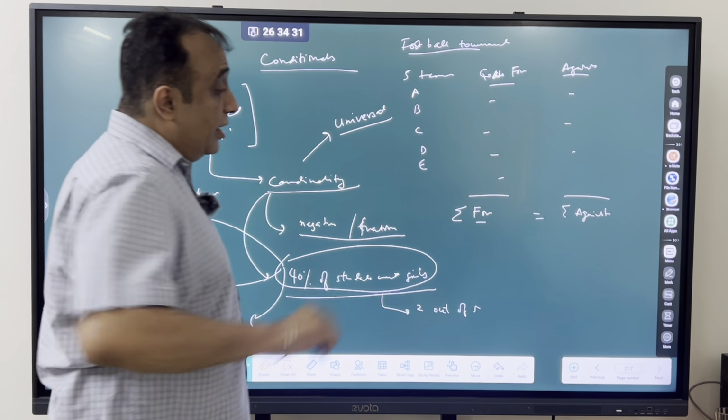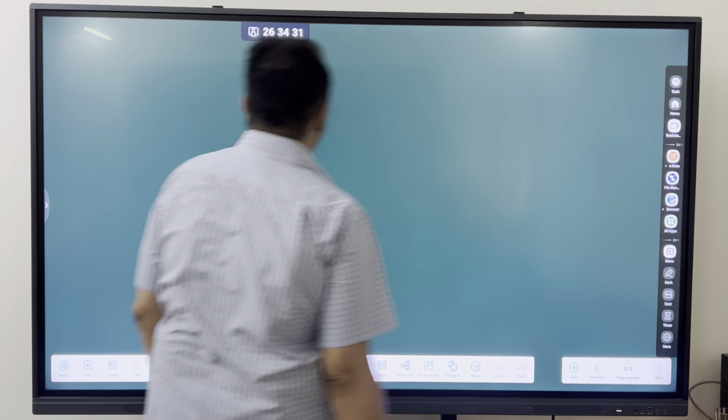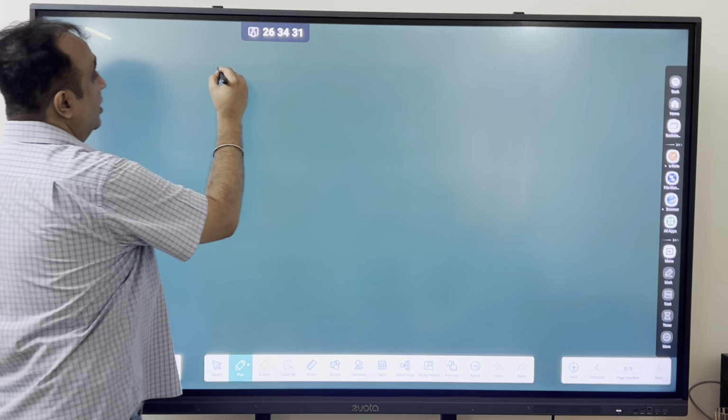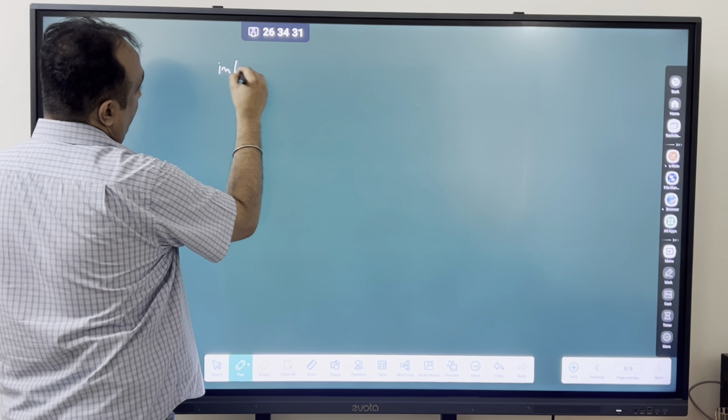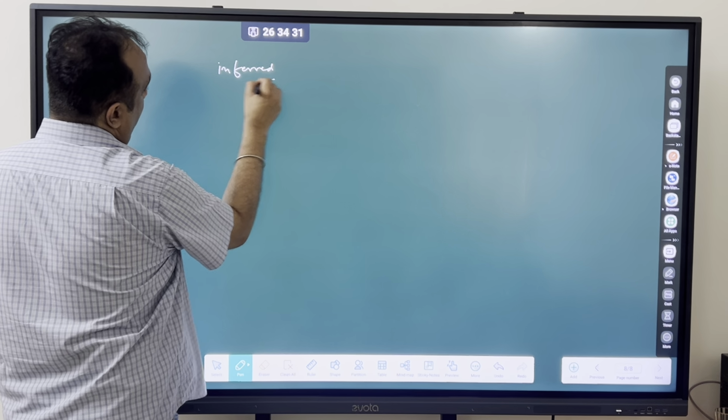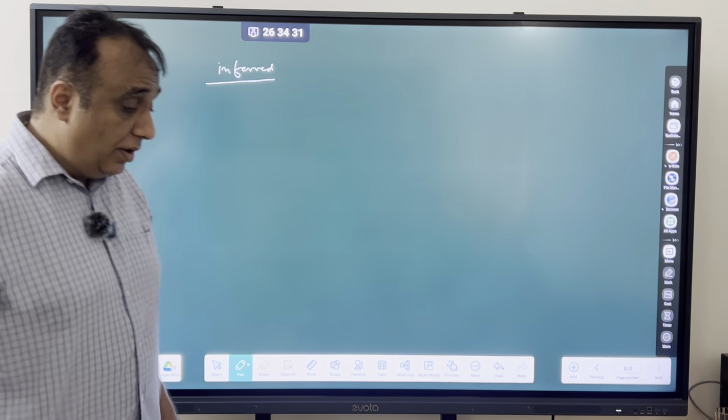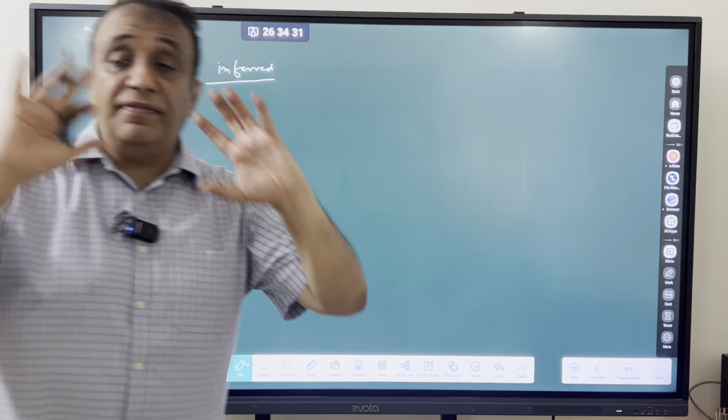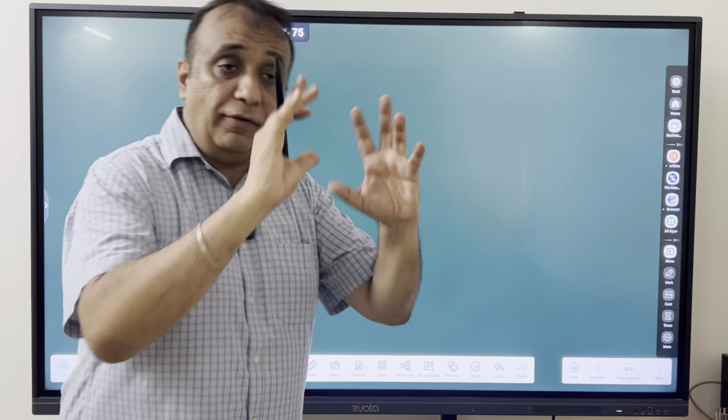There are some more conditions which would be called the inferred conditions. Now, what are these inferred conditions? They are specific to that question, and you would have to pick them up.